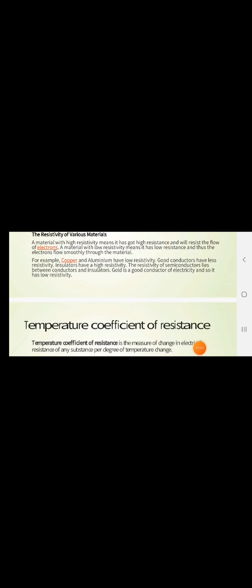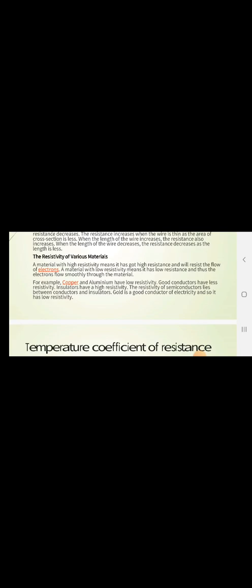The temperature coefficient of resistance we have to study, but there are many examples for various resistors. Good conductors have low resistance. Iron, nickel have low resistance because they are good conductors.